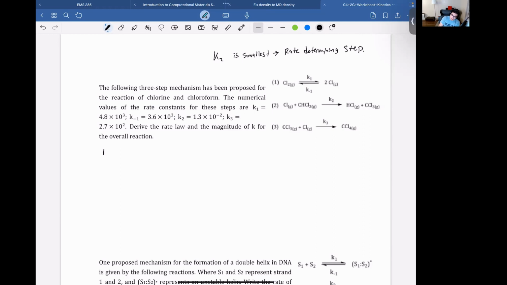So when we write this rate law, you can say rate is equal to K2 times the concentration of chlorine times the concentration of chloroform, like that, right? From this one.